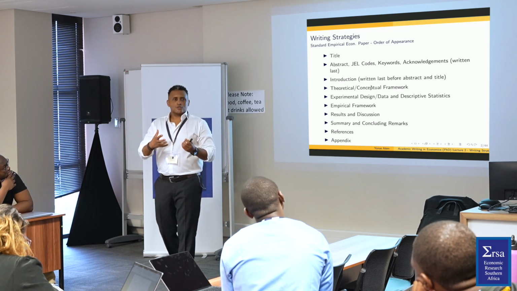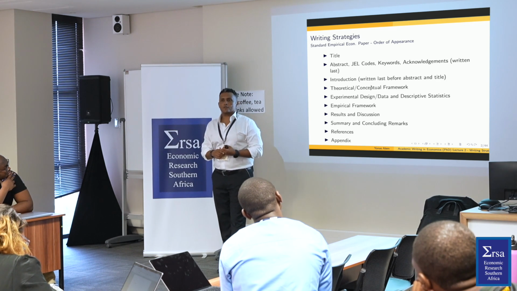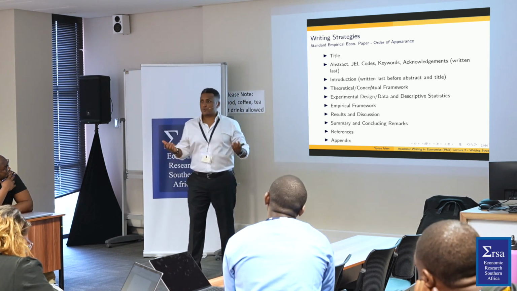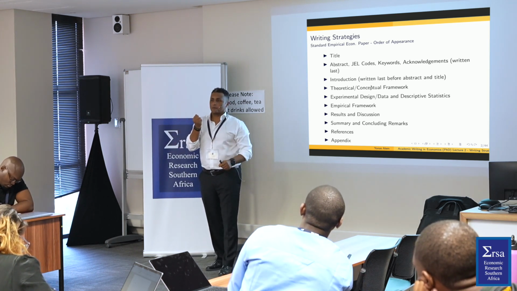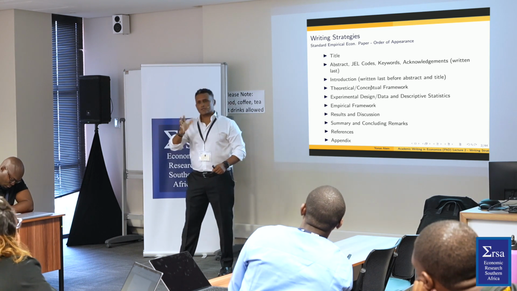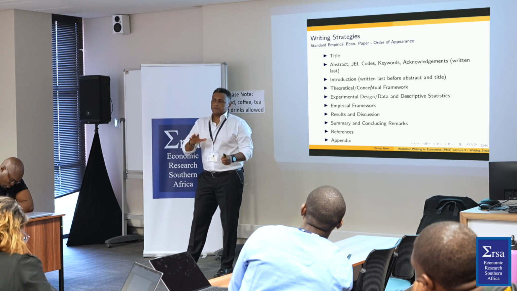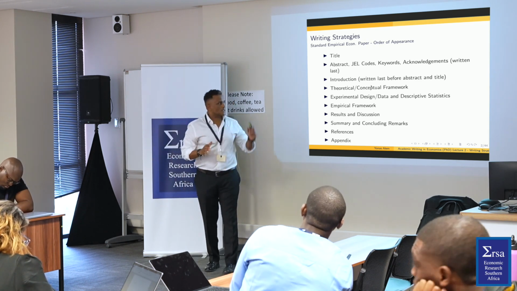So the introduction should show what the paper is about, the research question, how you answer the research question, what you find, what the key findings are, and also how you contribute to the literature. That's where you make a brief recap of the literature. A separate literature review is not forbidden. If you feel like doing it, there are sometimes reasons to use it. I will explain those when we discuss.